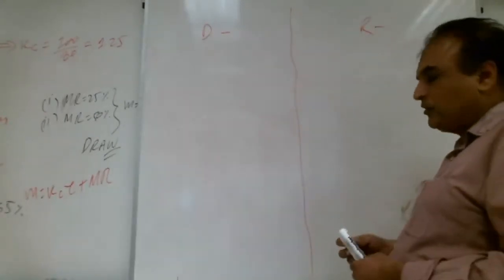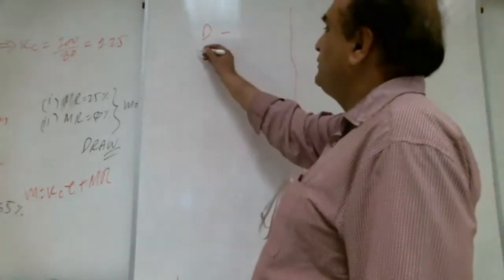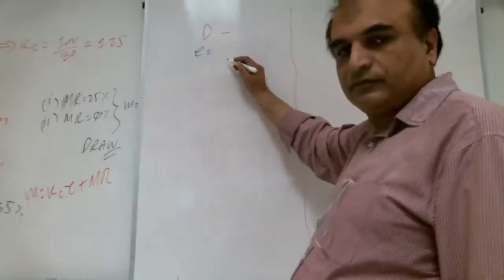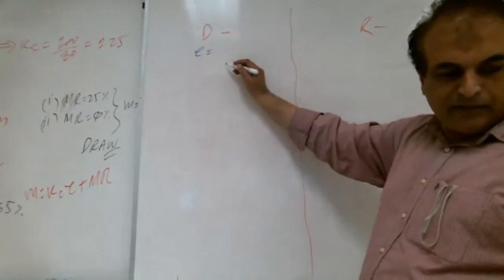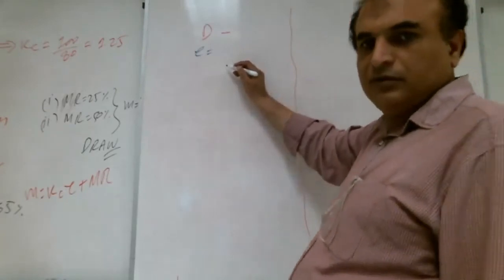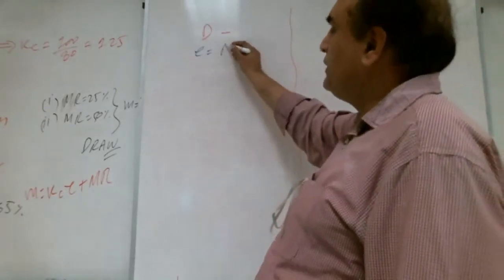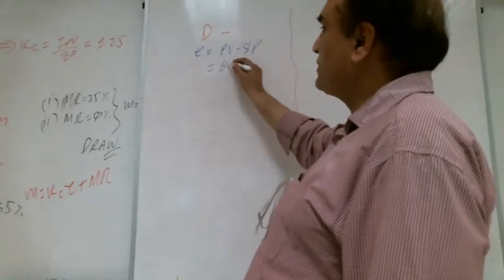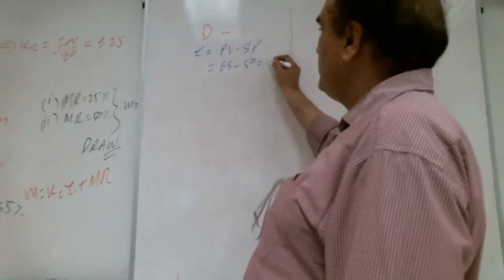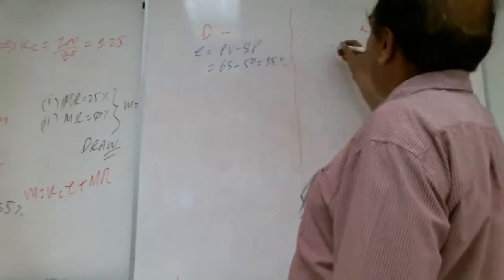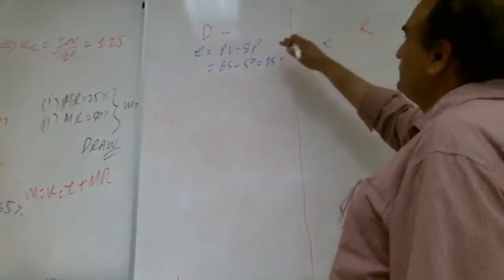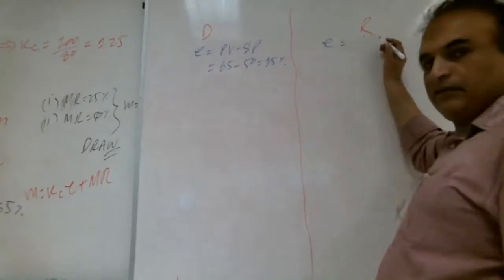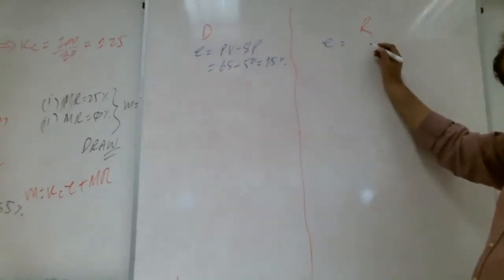Right, Shabab? Okay, for direct, what is the error? What is error for direct, Shabab? PV minus SP. PV is 65 minus 50. How much? 15%. What is error for the reverse, Shabab? SP minus PV.